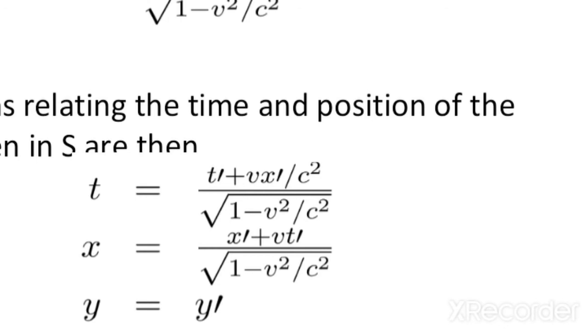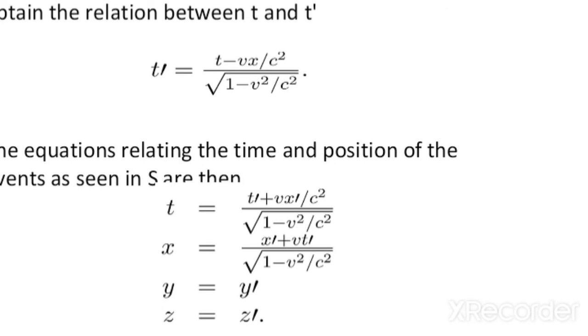This is called the Lorentz transformation equation. Here y is equal to y dash and z is equal to z dash because the motion is only in the x direction.